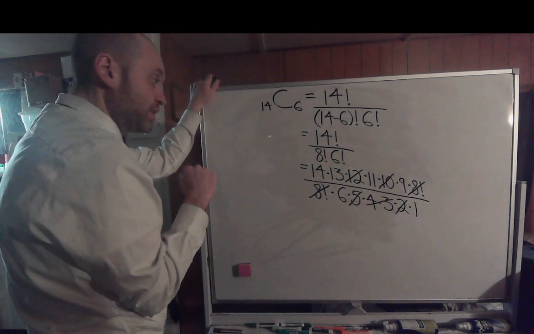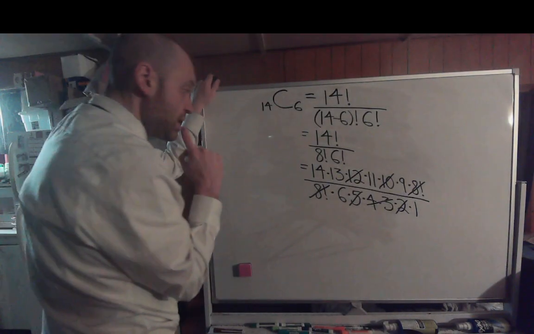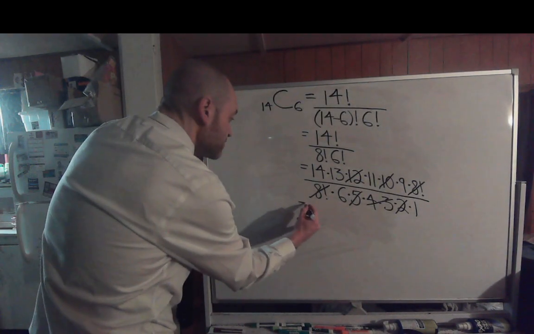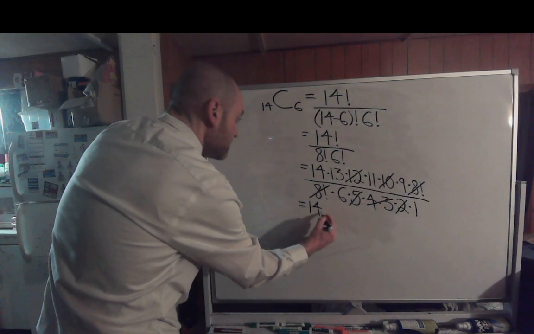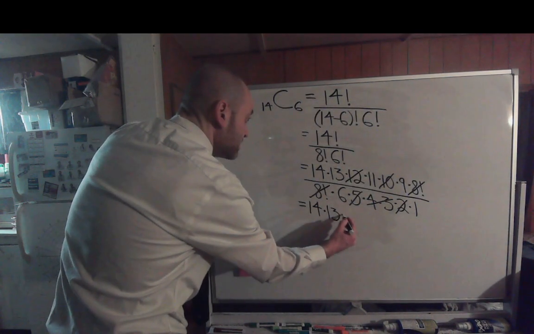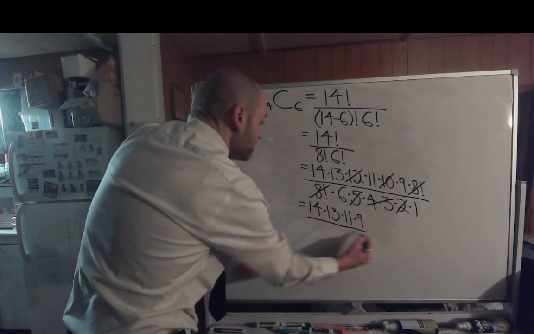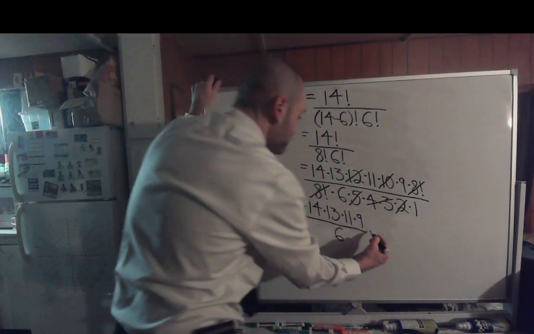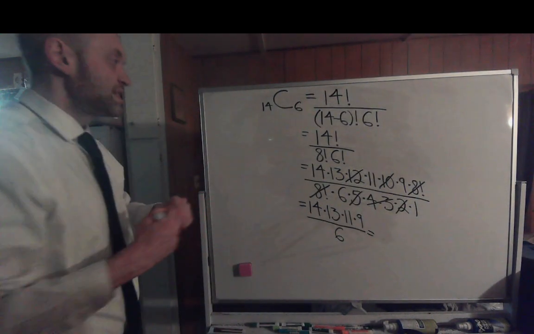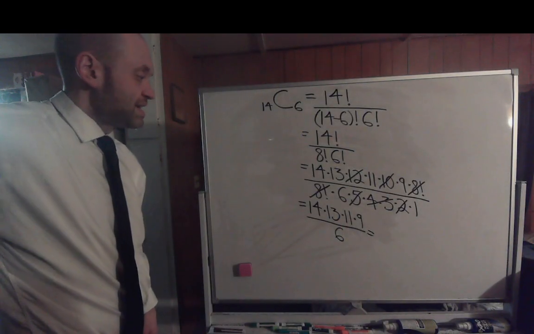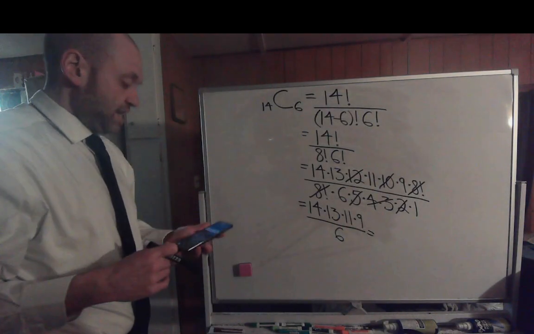So what's really going to be left here, you're going to have 14 times 13 times 11 times 9 divided by 6. So it's a little bit better, but let's figure out what that is.